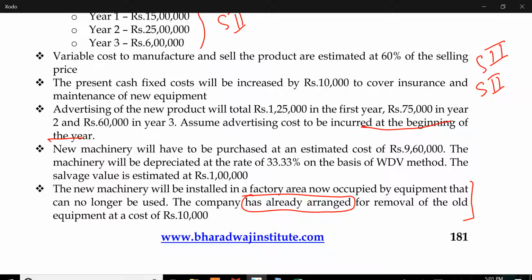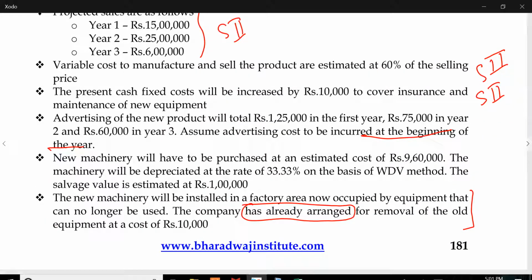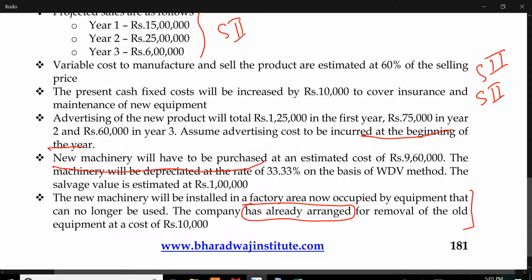You don't buy this new machinery, again old equipment will be removed. In yes also you are going to remove the old equipment, in no also you are going to remove the old equipment, because I have already arranged for the removal of the old equipment at a cost of 10,000. The decision which I am taking, I am trying to buy a new machinery. See, the logical thing is I am going to buy a new machinery.